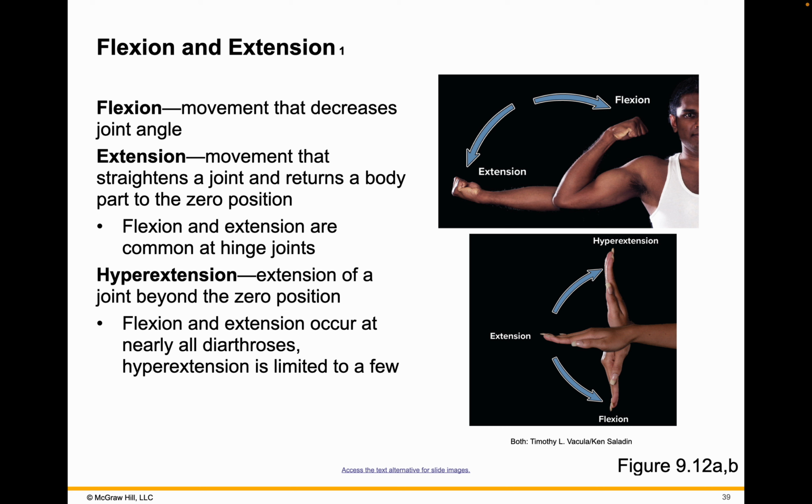Flexion and extension are very common at hinge joints. Hyperextension is extension of the joint beyond the zero position. Now, this is often thought of as a pathological thing, but there are some joints that allow for hyperextension.